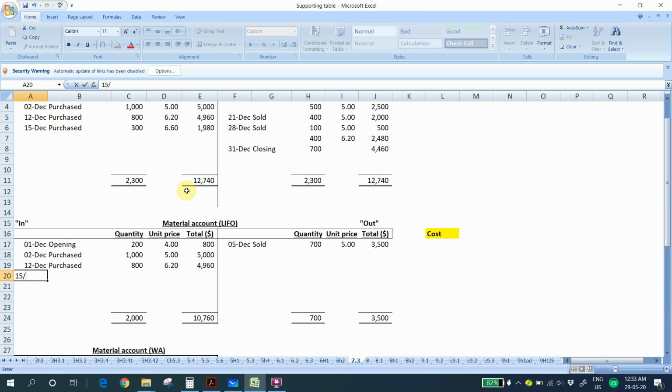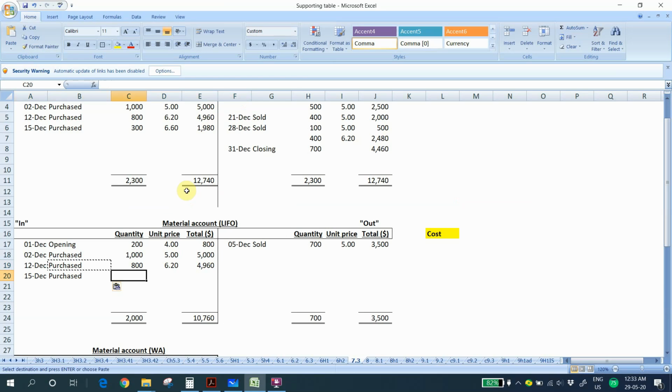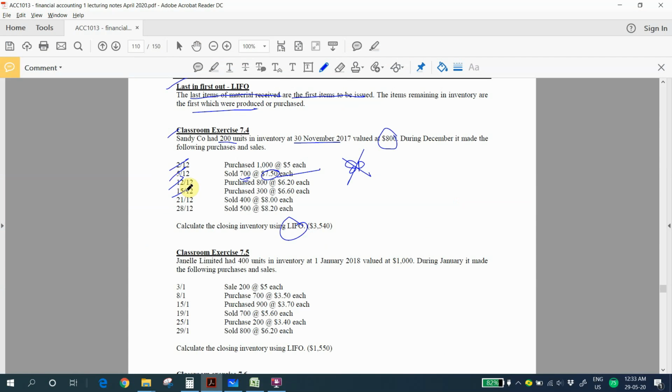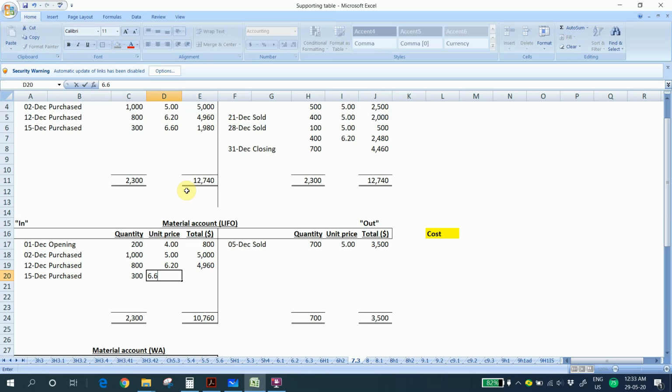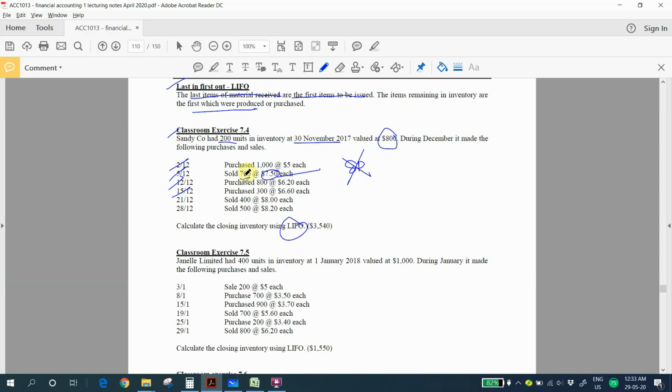So 15 December, purchase again, and this is 300, 6.6, so total 1980. And we look at the next transaction. The next transaction is on 31st. We sold 400 units at the selling price of $8 each.